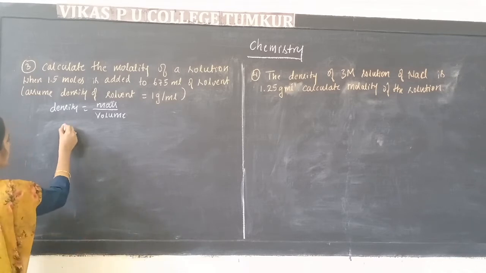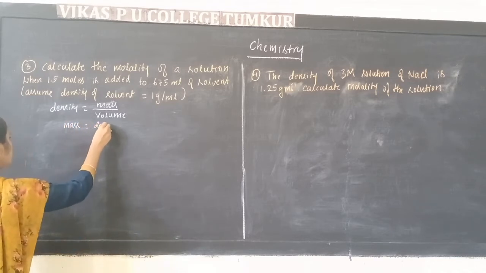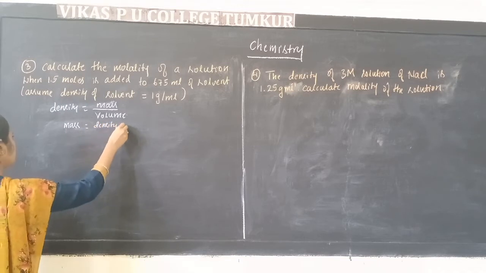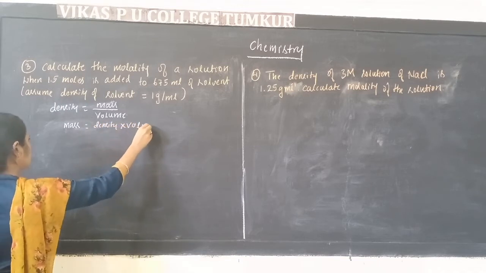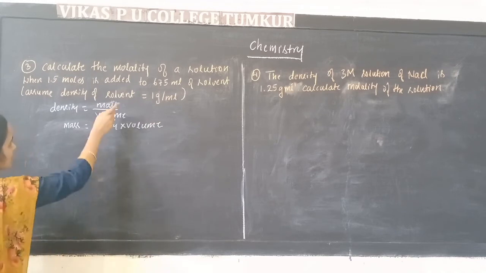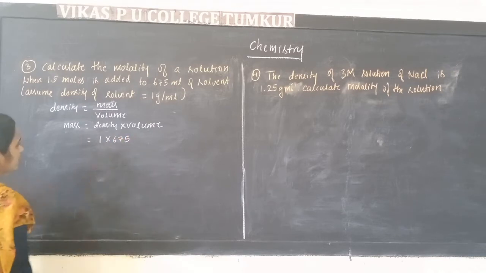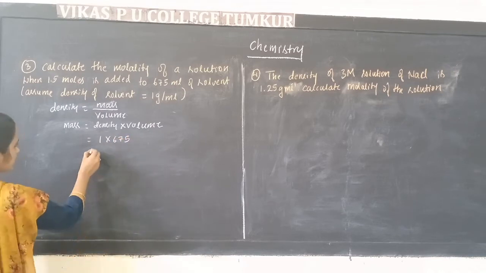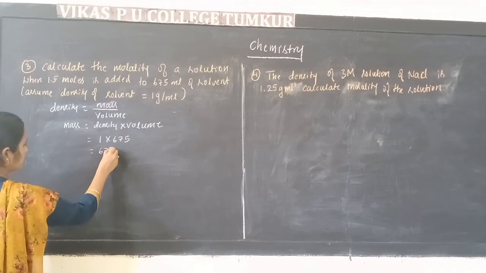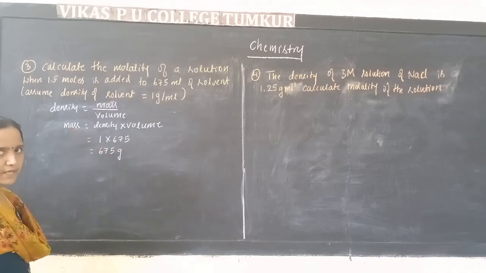Mass is equal to density into volume. Therefore, 1 into 675 ml, and we get 675 grams. The mass of the solvent is 675 grams.